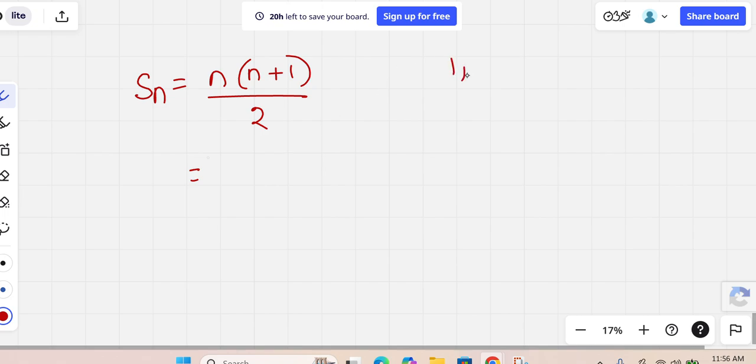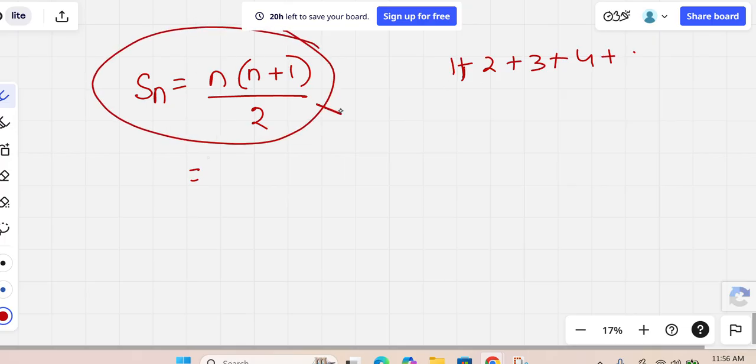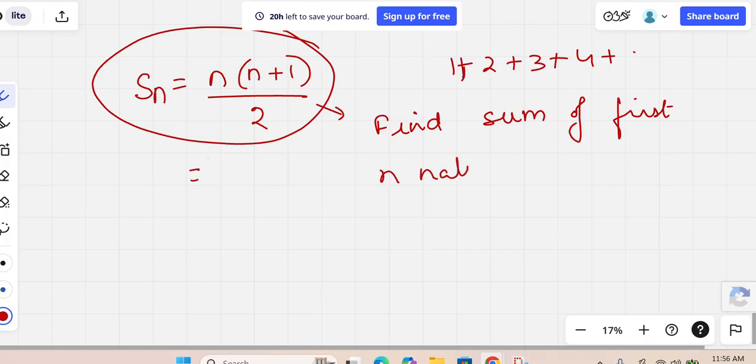Sometimes they ask you to add 1 plus 2 plus 3, find the sum of the first 100 natural numbers. You cannot go on doing it, right? So this formula is to find the sum of the first n natural numbers.